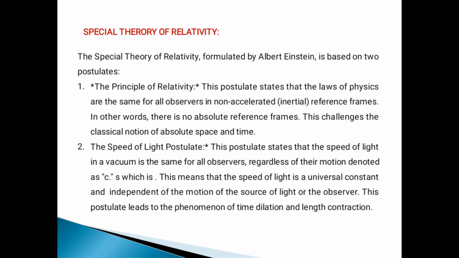The two important fundamental postulates of the special theory of relativity: all the laws of physics have the same form in all inertial systems moving with constant velocity relative to one another. This postulate is just the principle of relativity. The second postulate is that the speed of light is constant in vacuum in every inertial frame system.